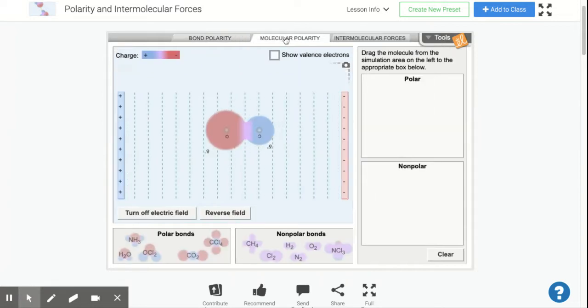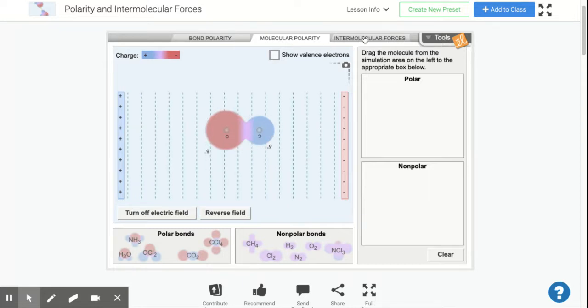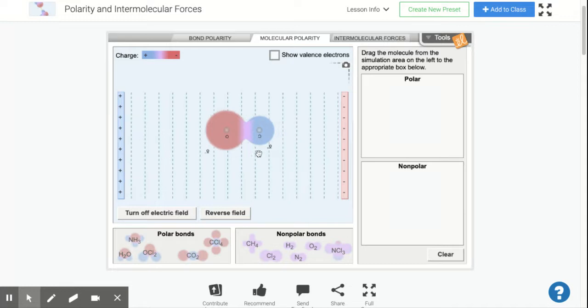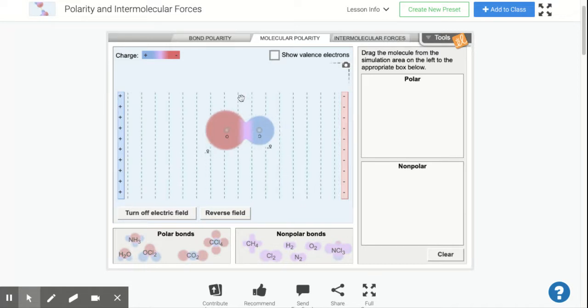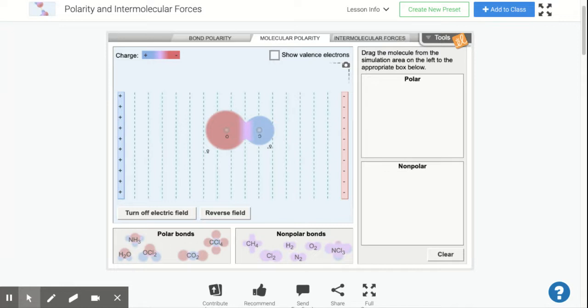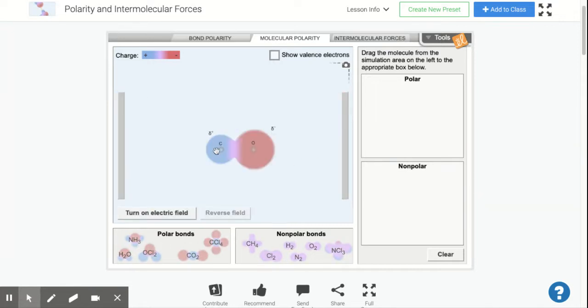So if we go across the top here, molecular polarity and then intermolecular forces, I'm just clicking on these to change them. I'm not sure if I cut out part of this or not. I can't remember off the top of my head. But if this isn't part of your instructions on the lab, then you can ignore this. So here we're going to have an electric field, right?